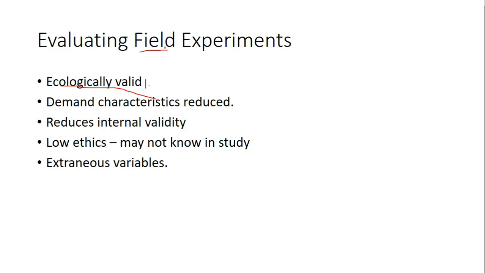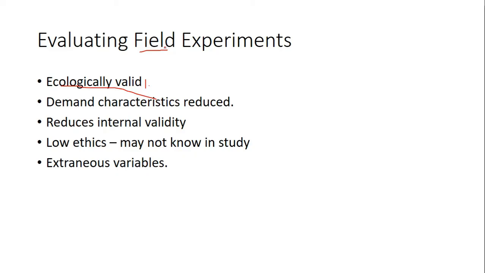So it's ecologically valid because it's out in the real world. Demand characteristics are reduced because people might not feel as if they're in a study, because they're not in a lab.